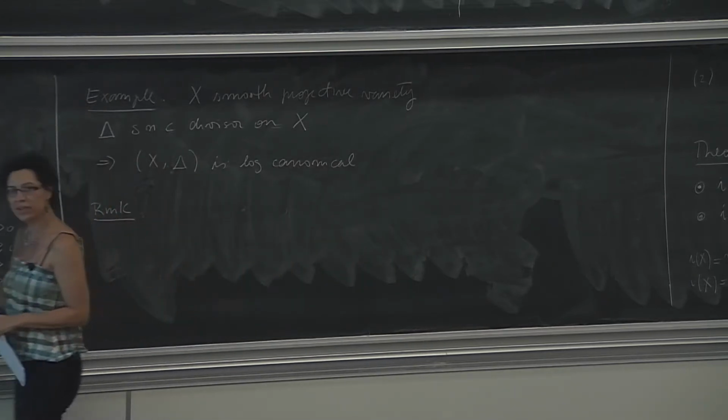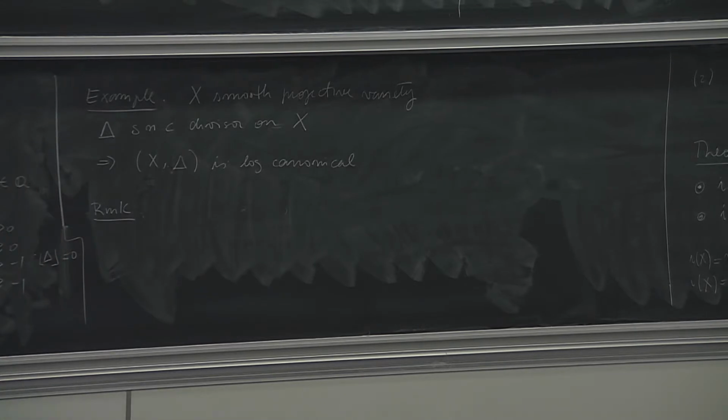the MMP with scaling that I explained yesterday works in the greater generality of a log pair with KLT singularities.